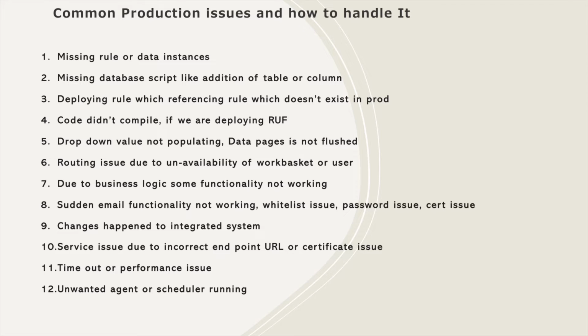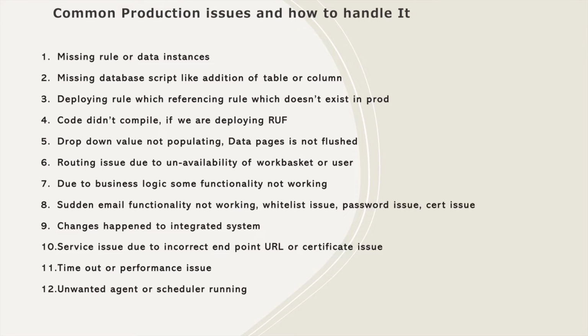The most important thing is that while taking the package, make sure that your application or access group has only those instances which are going to production. Sometimes what happens is that I'm taking the package on a particular day, but we have already started development for the next release.